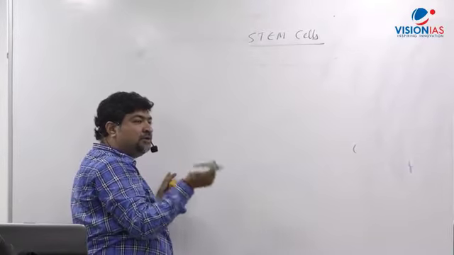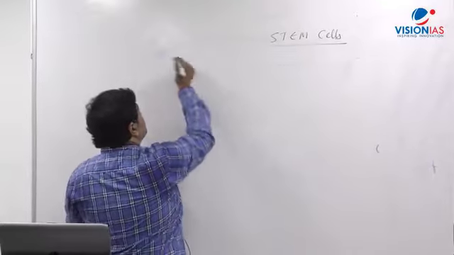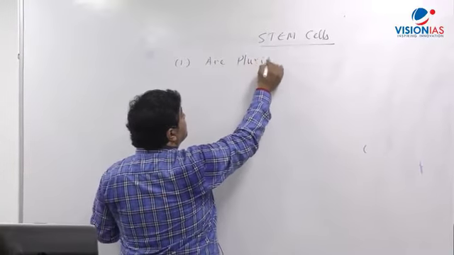This stem is not like tree or plant stem, root and stem. That part doesn't come. So here is that. First point that I'm writing: you can write also there. I'll keep on writing and reading out.